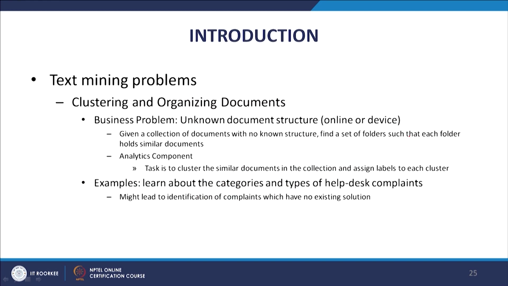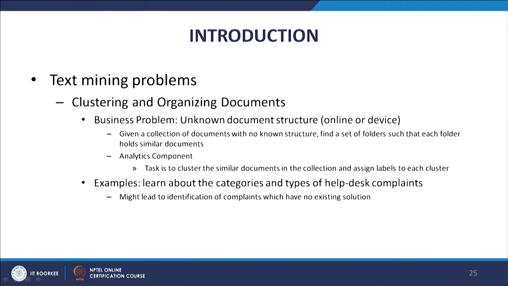This is clustering and organizing documents. As we have said, sometimes we might not be familiar with the labels or categories for a given collection of documents. The document structure might be unknown to us, so that becomes a business problem for us: unknown document structure.